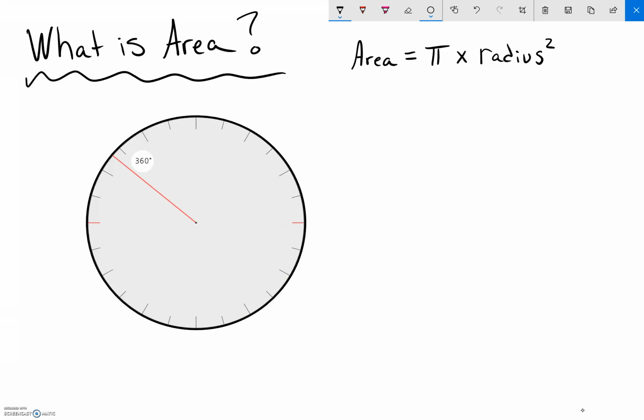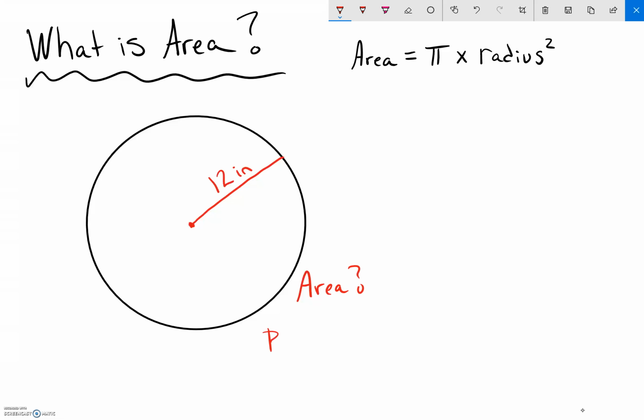Alright, so if we get a circle, I'm going to tell you that the radius of this circle is 12 inches, and I ask you to find the area.